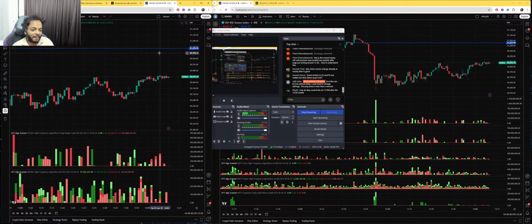81,000. Okay. So yes, I also put different ATMs. So let's put different ATMs, like this one 8700, or let's change it to 8800.